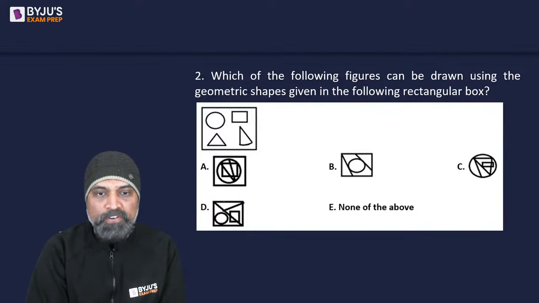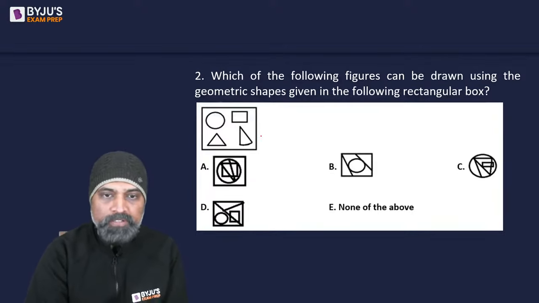So we have a circle, a rectangle, then a triangle. Do we have a triangle here? No, but we do have a cone here, right?